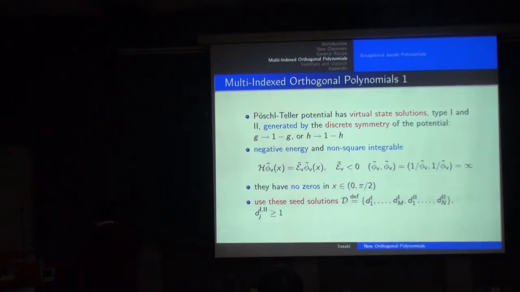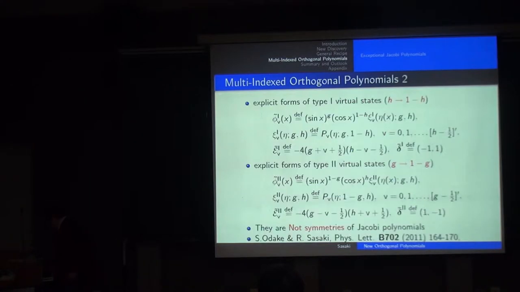Here is the explicit form of the seed solutions. Just with h to 1 minus h, you get this. Then the polynomial type is just changed, g to 1 minus g, h to 1 minus h. Then you can calculate its energy.